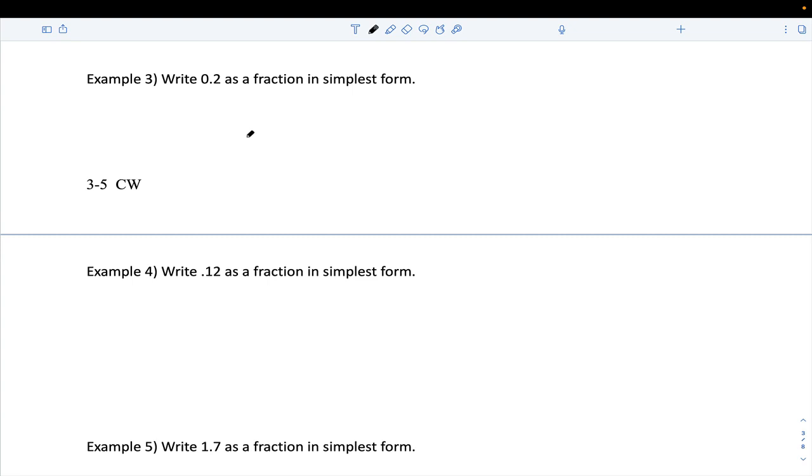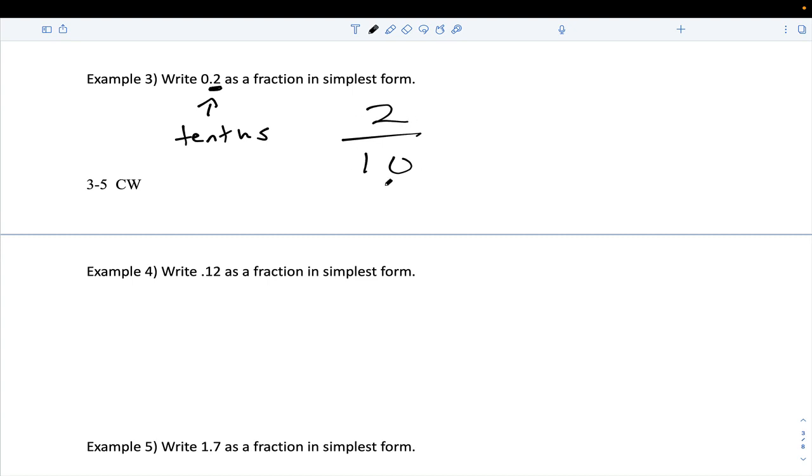Let's try a few more that may take a little bit more work. So far, this is almost like mental math, not a ton of work to show. 0.2, you're going to underline the 2, and say it's in the tenths place. Because it's in the tenths place, what number goes underneath my fraction for my denominator, Peyton? A 10. Put 2 above. 2/10 is your fraction.